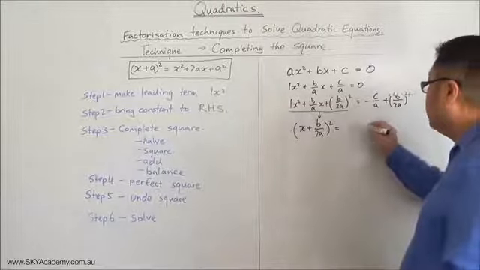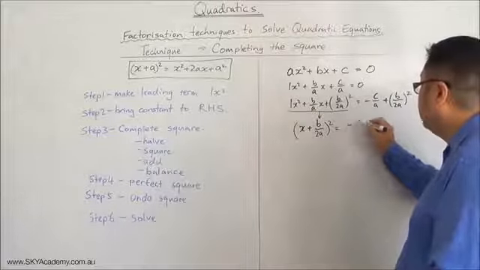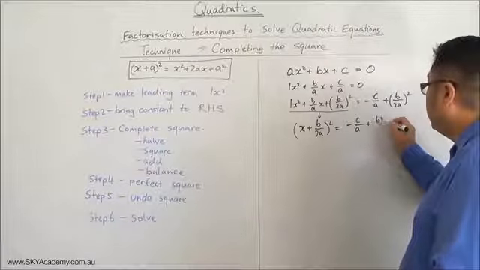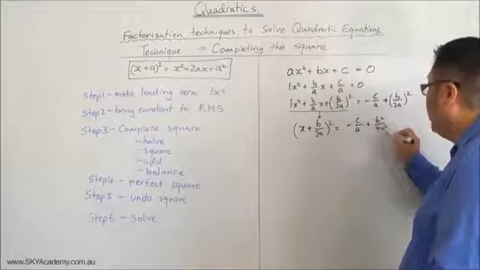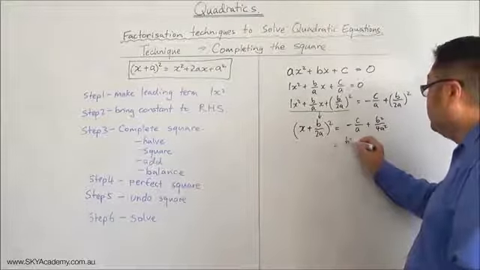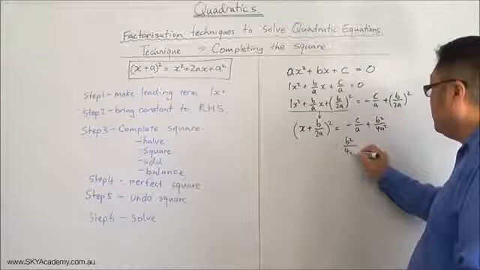Alright? So that's going to be minus c on a plus b squared on 4a squared. Multiply a squared to both sides, so it's b squared on 4a squared.